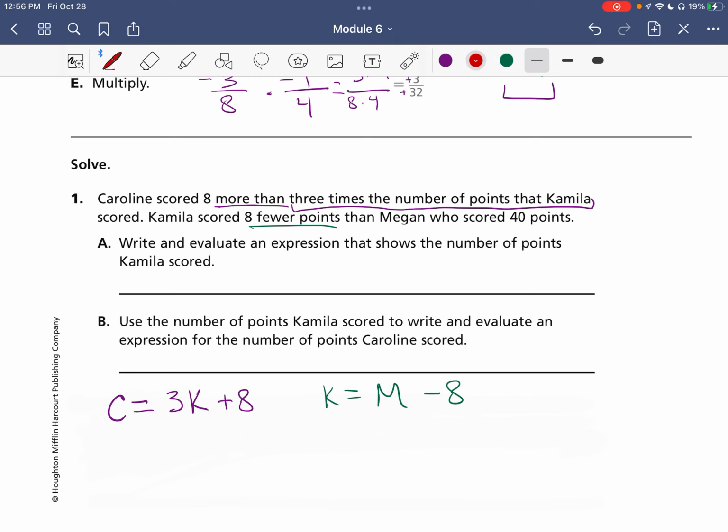And Megan scored 40. So our M here, Megan, scored 40. So we have 3 different girls who are shooting and made different points. Now we need to plug in what we know. So write and evaluate an expression to show the number of points that Camila scored.